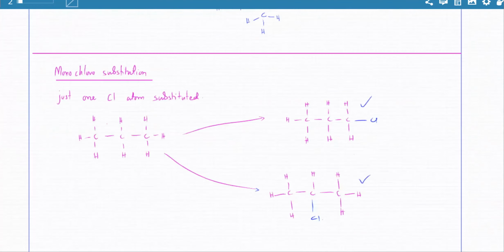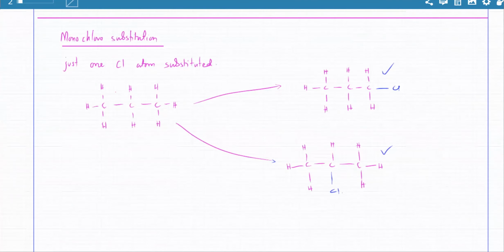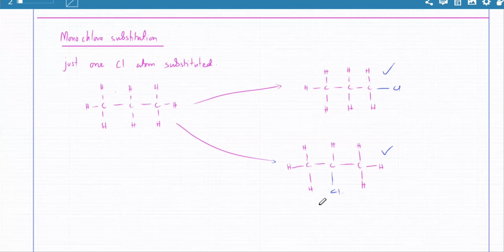So we had stopped at monochloro substitution. I was trying to do some example questions, and I said that there's a free radical substitution reaction. I told you there was a question on this, and in that, just one chlorine atom was getting substituted, and they told us in the question that you're going to get these two molecules.